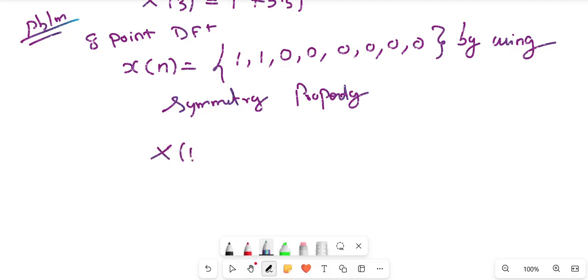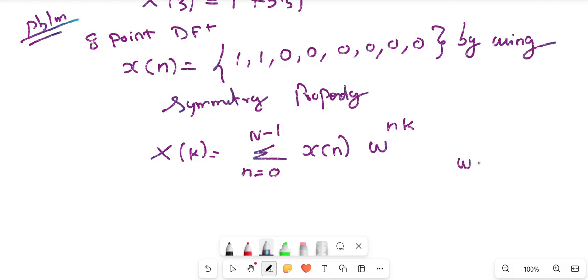What is x of k? The summation of n equal to 0 to n minus 1 of x of n into w power nk. What is w? e power minus j 2 pi by n into nk.